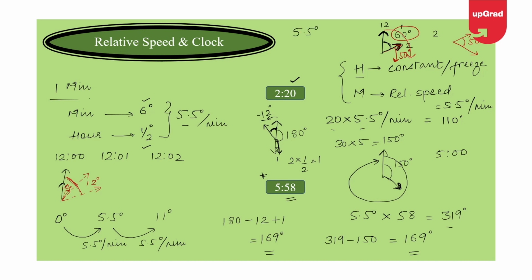So 2 minutes ago the angle would have been 11 degrees less. So at 6 o'clock it was 180 degrees. 2 minutes ago, which is at 5:58, they would have been 11 degrees less. And that's my answer, 169 degrees. And this is the most important concept in the entire chapter of clocks. This is what is more important.